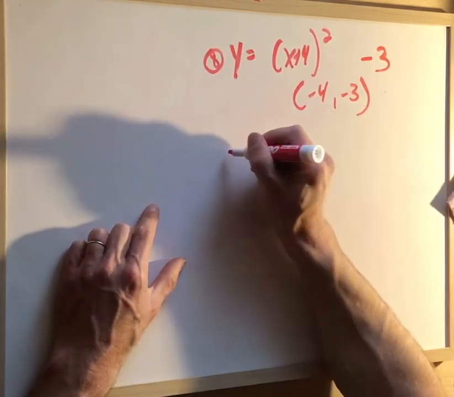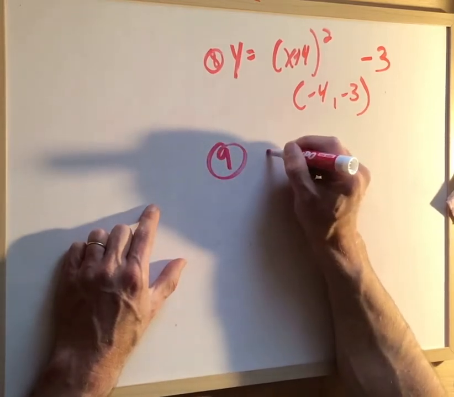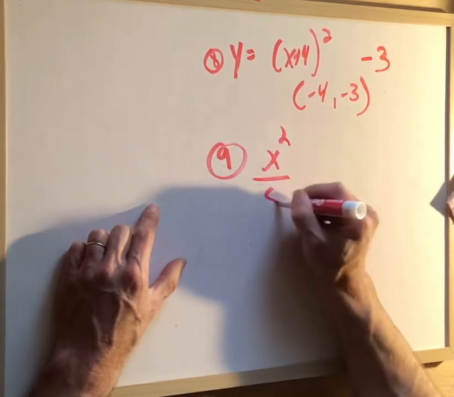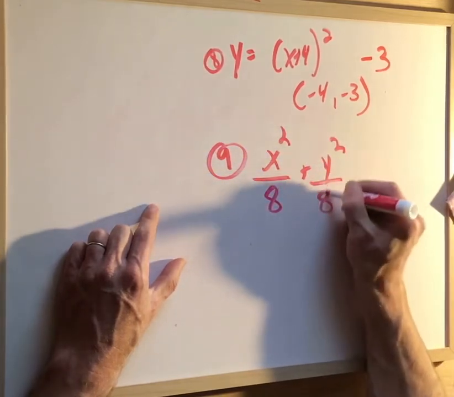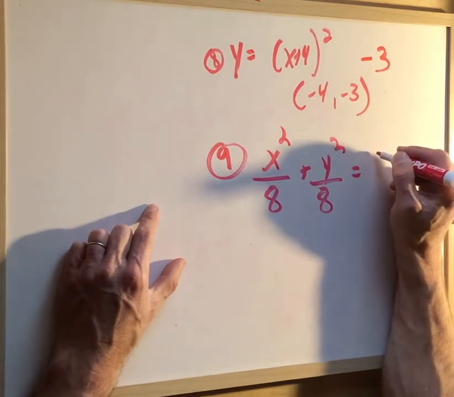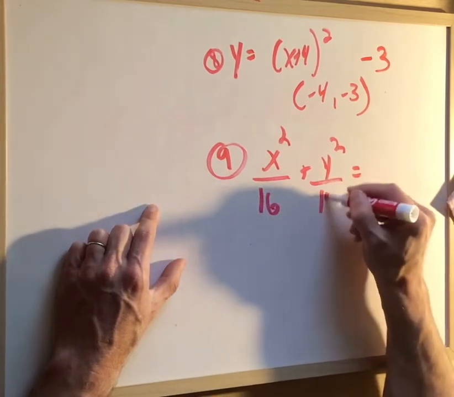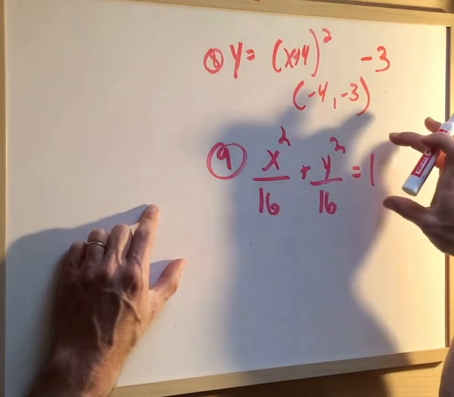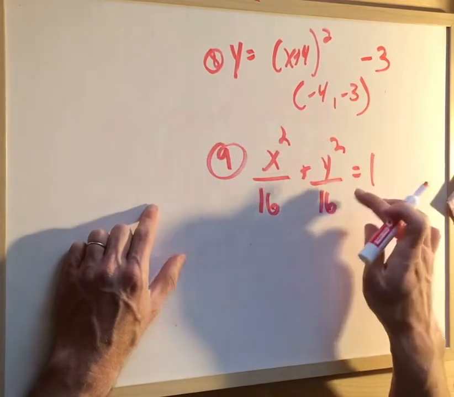For number 9, if you divided everything by 16, you would get x squared over 16 plus y squared over 16 equals 1, because if I divided both sides by 32, this would be 1 over 16, 1 over 16 equals 1.